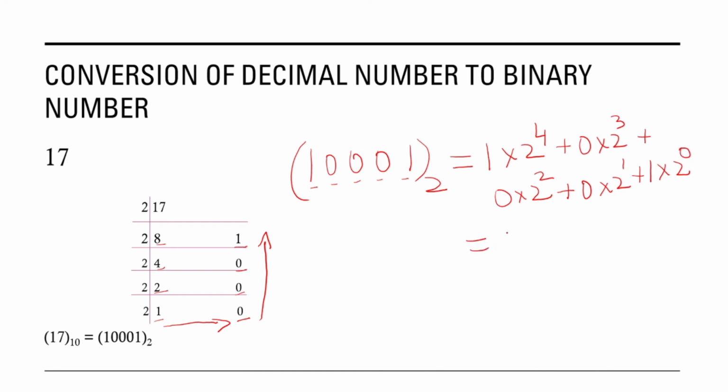So we get 16, all these are 0, 16 plus 1, which is 17. Hence we have obtained the binary number 10001 for the decimal number 17. This is how we convert a binary number to a decimal number or a decimal number to a binary number.